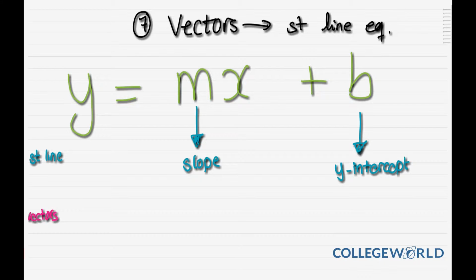Our slope, well, we've already discussed it. When we talk about slope in terms of vectors, we're talking about the ratio between i and j. So the slope here is going to be any vector that is parallel to our vector, because they're going to have the same ratio. In other words, our m would be a vector.